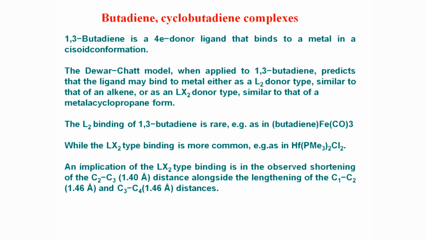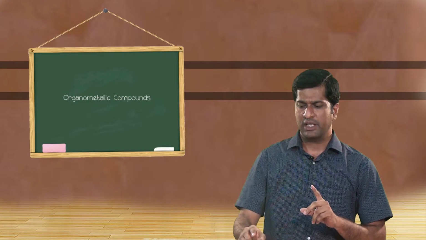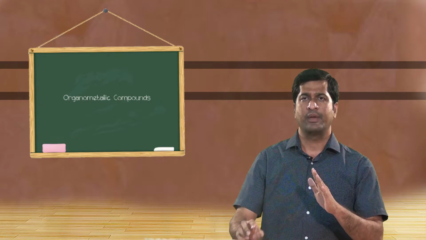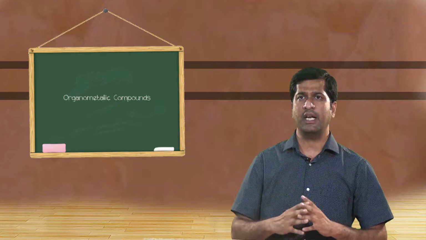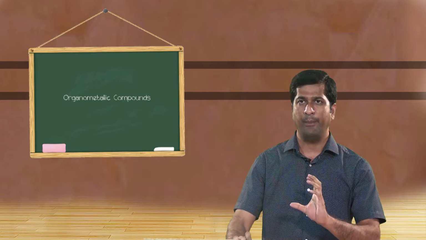Like the previous cases, butadiene and cyclobutadiene also form complexes with many metal centers. In butadiene, there are 2 pi bonds. Butadiene can form a bond with the metal either through one pi bond or using both pi bonds. In general, the butadiene ligand forms s-cis conformation complexes.